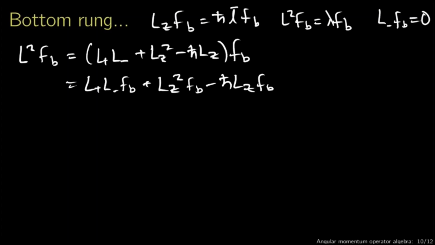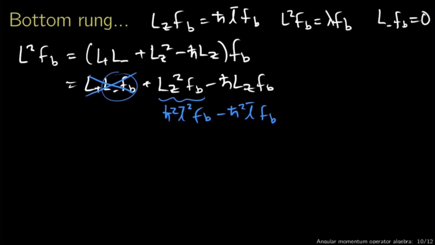Now L minus f_b, as before, this is 0, so this term drops out. This term, Lz squared f_b, I know what Lz f_b does. It gives me this h bar l bar. So I'm going to have h bar squared l bar squared f_b from that term. And here, again, minus h bar squared l bar f_b.